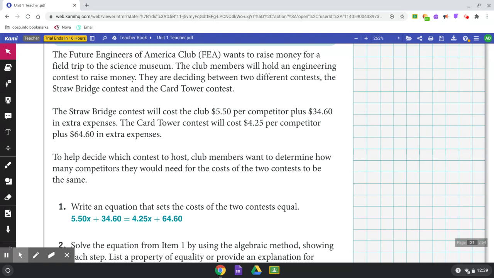The Card Tower contest will cost $4.25 per competitor plus $64.60 in extra expenses. To help decide which contest to host, club members want to determine how many competitors they would need for the cost of the two contests to be the same.